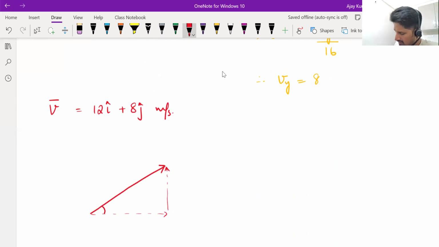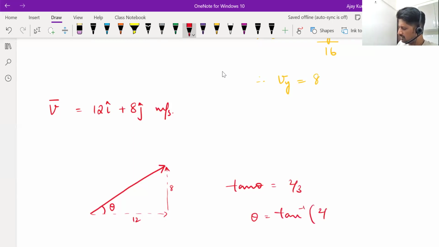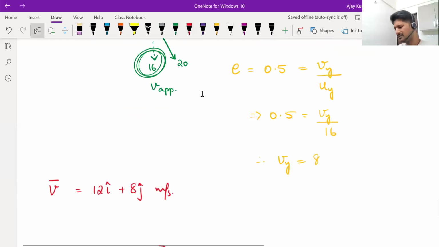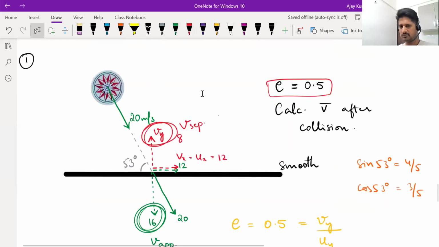You can tell what angle it makes with the frame. This is 8, this is 12. So it's like 2 and 3. Tan theta is equal to 8 by 12, 2 by 3, or theta is tan inverse 2 by 3. That's the angle at which it bounces off from the frame. Okay, you can tell impulse, change in momentum, all those things also.